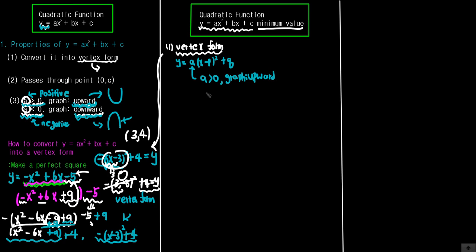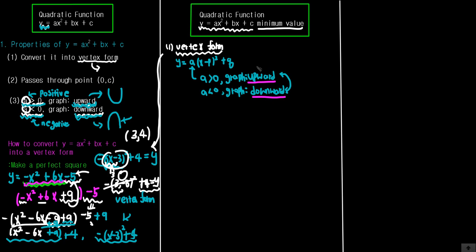When the a value is less than 0, the graph will go downward. This is a case that we have learned in the last few videos. The a doesn't really affect graphing a parabola; the only thing it affects is the format of the parabola, whether it goes upward or downward.